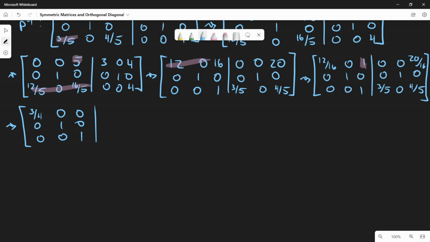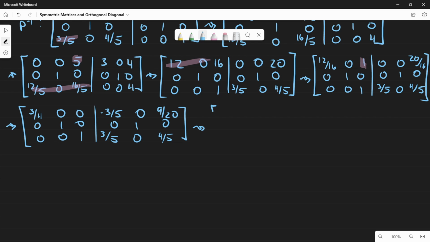And then on the right side, because we subtracted, the negative 3 fifths remains unchanged. The 20 over 16, that will be subtracting by 4 fifths, 80, so 5, 80, 16, 9 20ths. Second row as usual. And then our third row unchanged.